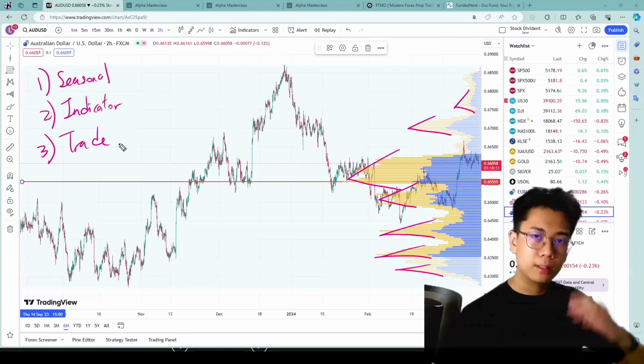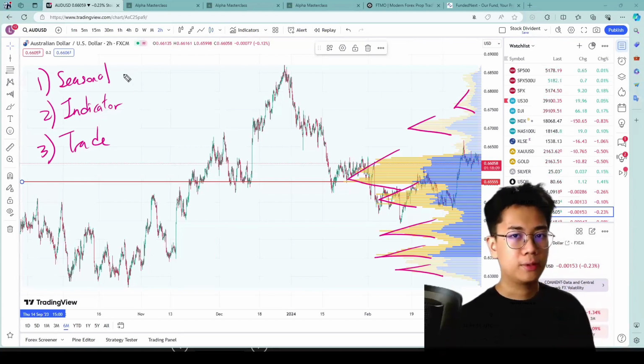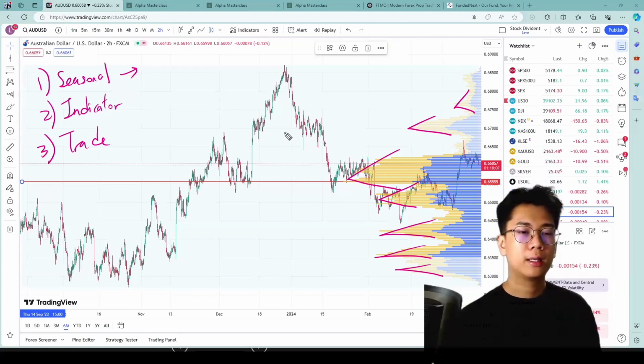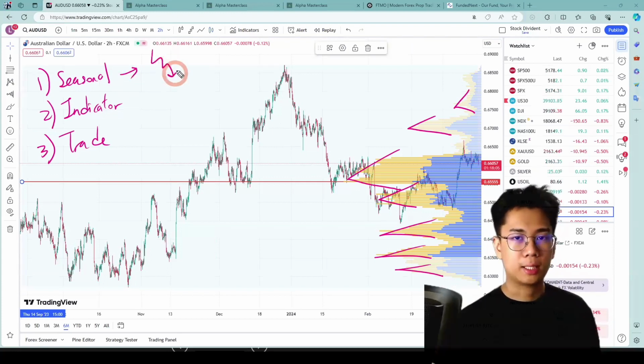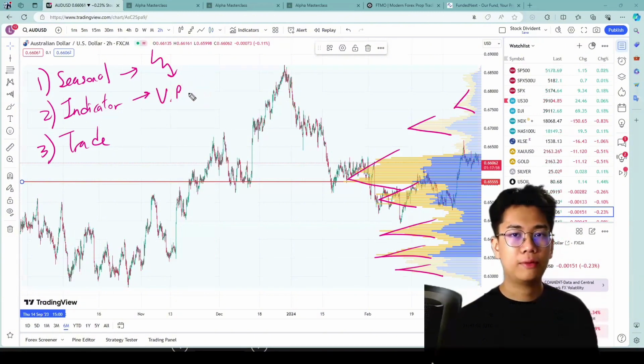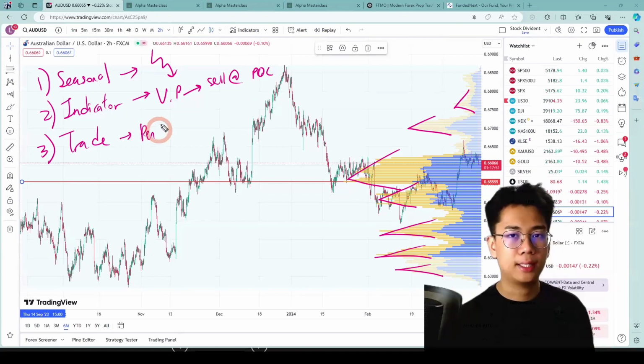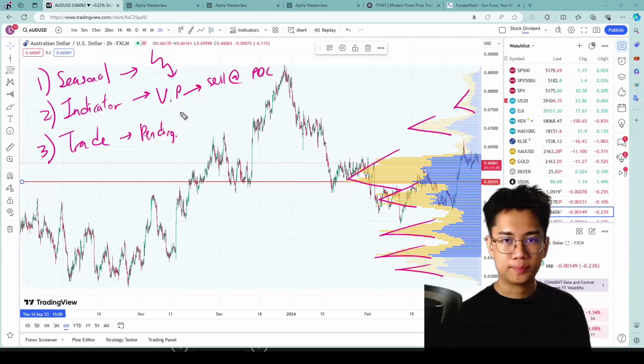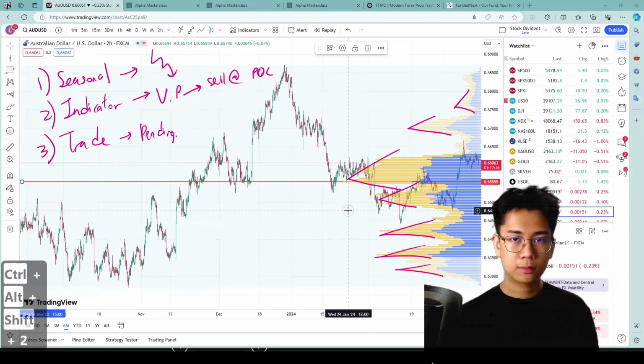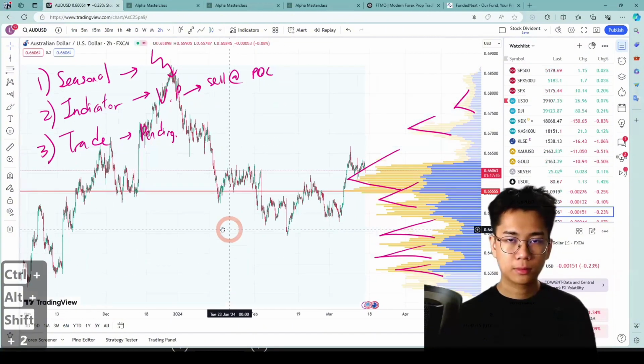Seasonal, day two have been learned, which is coming down. Indicator, it is volume profile right now, and then we are aiming to sell at the peak. And trade, just set a pending order. Pending means limit order.